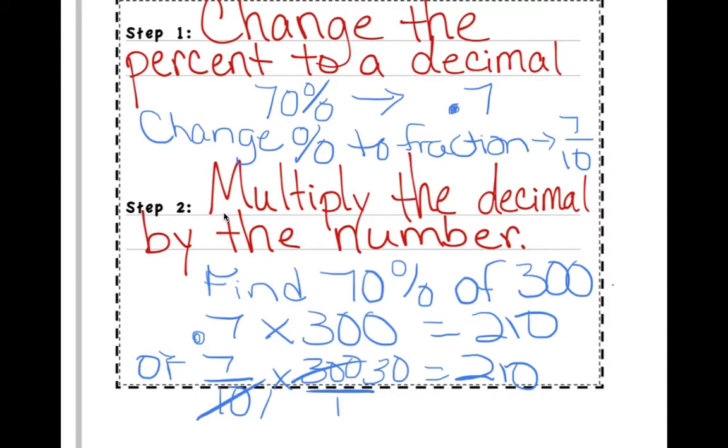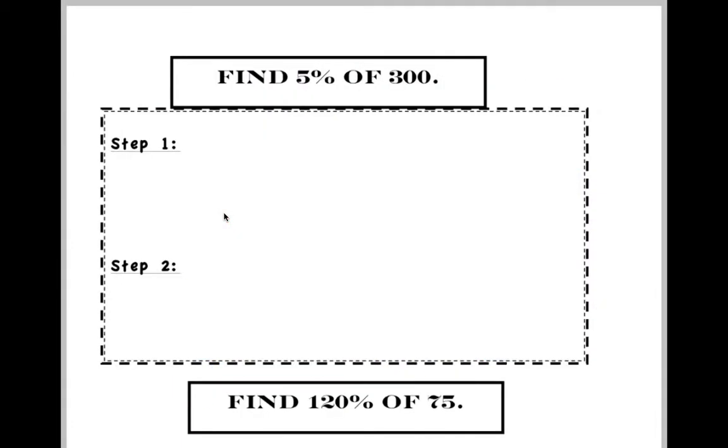All right, let's go do some examples. Okay, so let's find 5% of 300. Okay, 5% is very small. So the first step is we want to convert to either decimal or fraction, your choice.